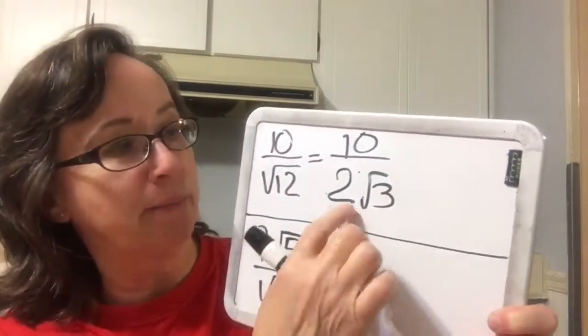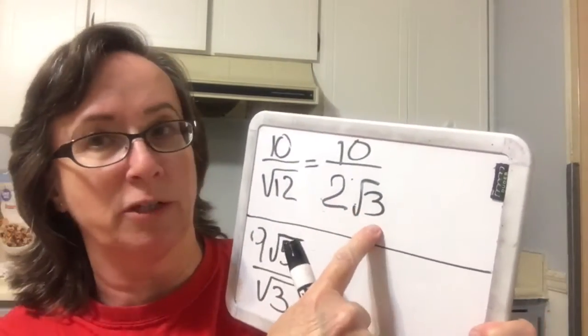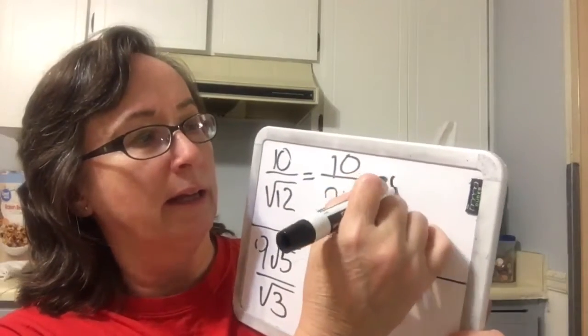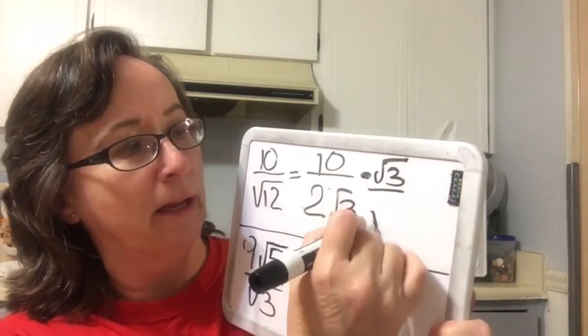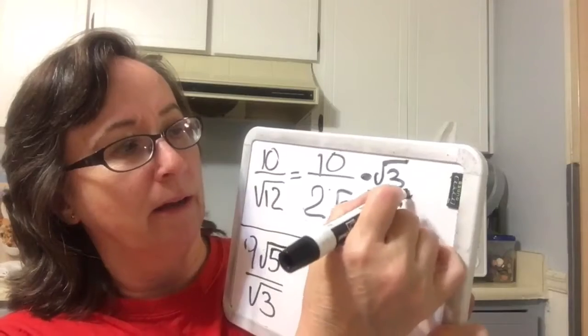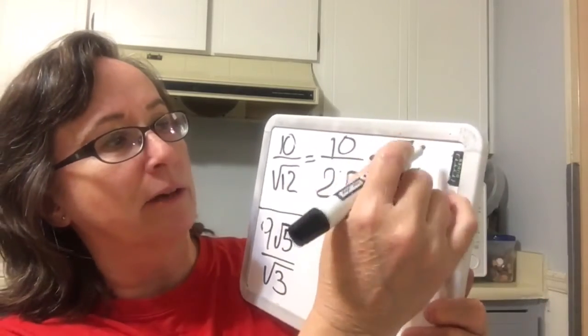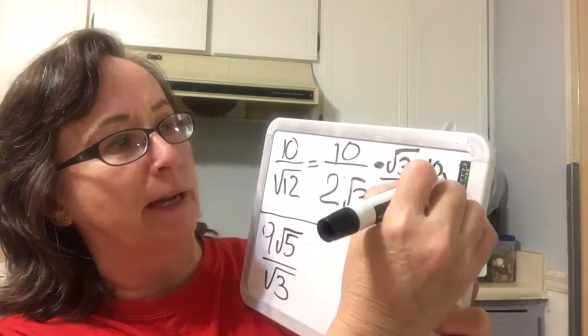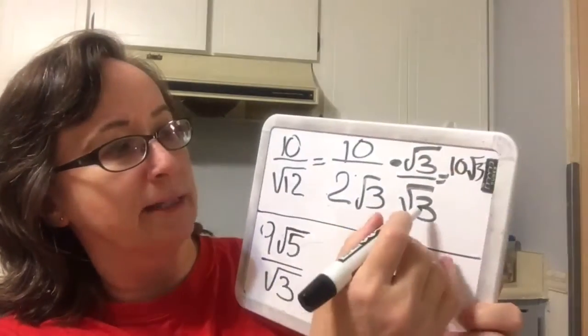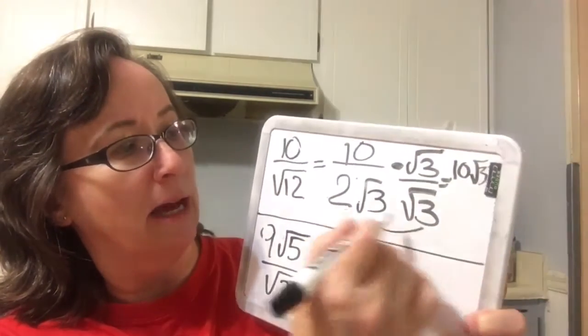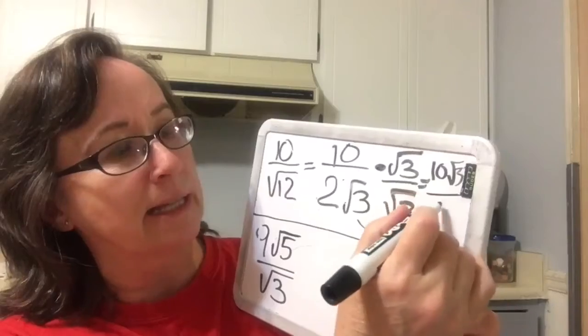So now that I've simplified the denominator, I'm going to multiply by 1 in the form of square root of 3 over square root of 3, which is going to leave me with a 10 square root of 3 in the numerator, and this is 3 times 2 is 6.